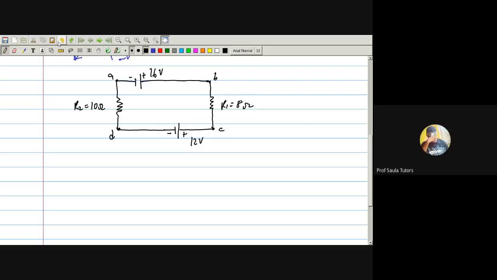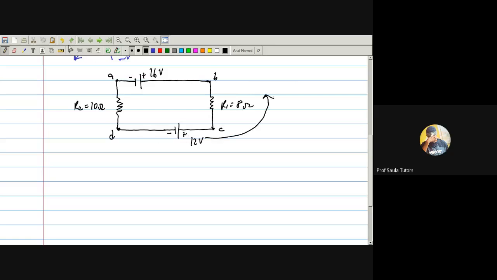Now, how do we even know the correct direction? Look at this cell that you have here. This cell is 16 volts. It will want to send current in this direction. Look at this 12 volts. It will want to send current in this direction, from the positive terminal.